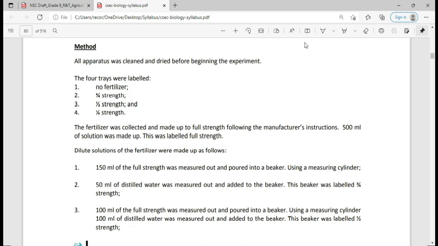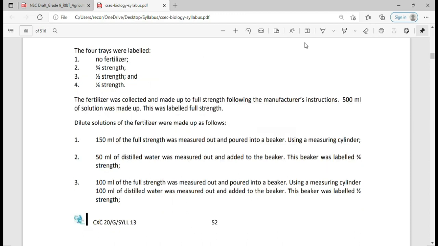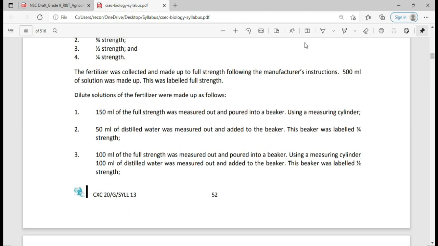500 ml of solution was made up. This was labeled full strength. And you're observing here, we are following the procedure that we had in the planning and design. So you can see there 1, 2, 3. Just look at it carefully.